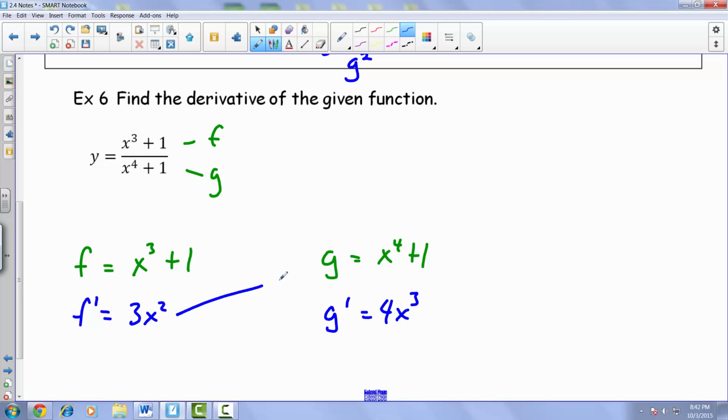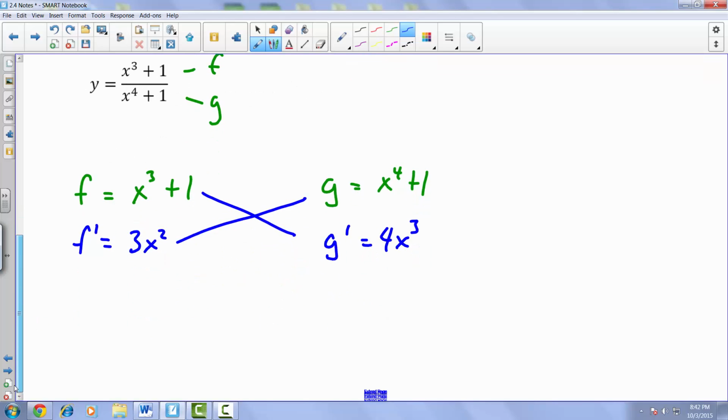Doing our cross, just like we did with product rule, we end up with, and this again is where actually the placements matter. So it was low d high, so g times the derivative of f, so that's x to the fourth plus 1 times 3x squared, minus high d low, your f function times the derivative of your g function.